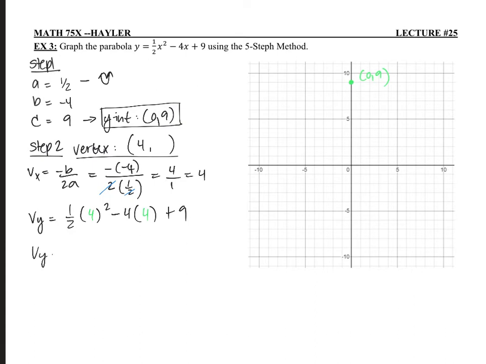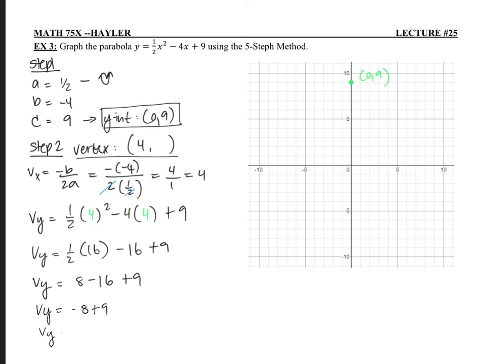V sub y equals 1 half times 16 minus 16 plus 9. So a half times 16 is 8, minus 16 plus 9. So 8 minus 16 is negative 8, plus 9, which is positive 1. So my v sub y value is positive 1. Alright, that means my vertex is 4, 1.